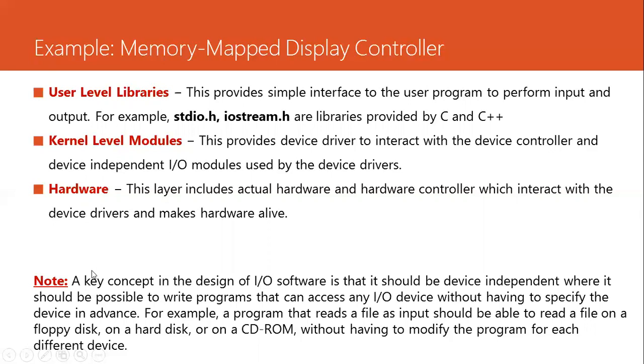Please note, a key concept in the design of IO software is that it should be device independent, where it should be possible to write programs that can access any IO device without having to specify the device in advance. For example, a program that reads a file as input should be able to read a file on a floppy disk, on a hard disk, or on a CD-ROM without having to modify the program for each different device.